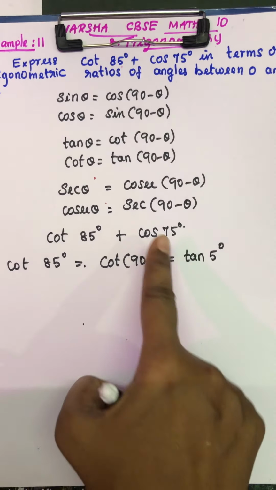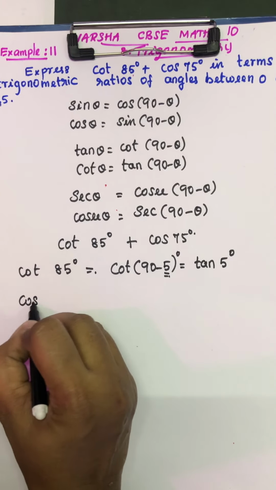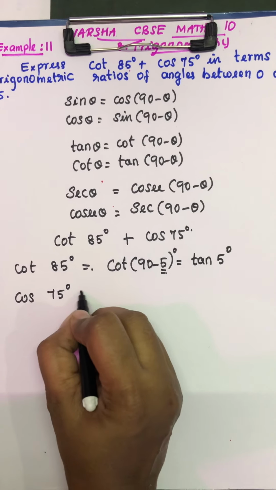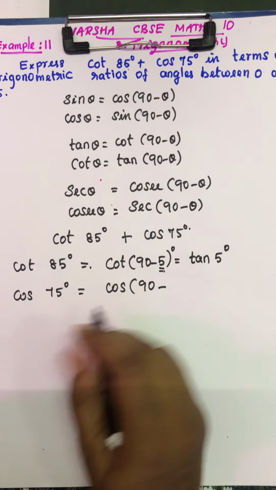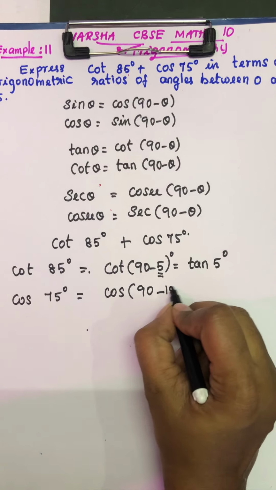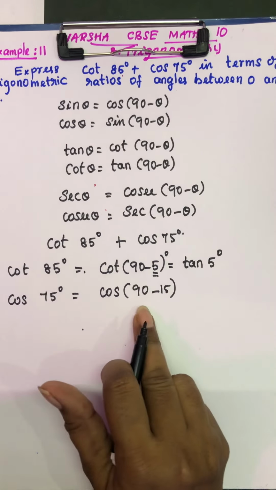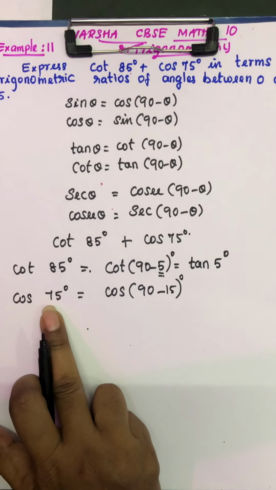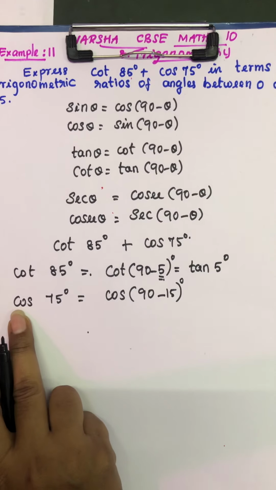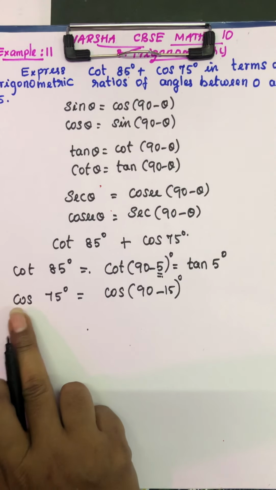Okay students. Now cos 75 degree. So how will you write? Cos 90 minus, say, 15. Okay, so this is cos 90 minus 15. See, 90 minus 15, that is 75. So you need not change the cos.